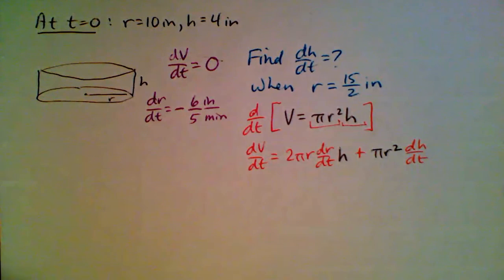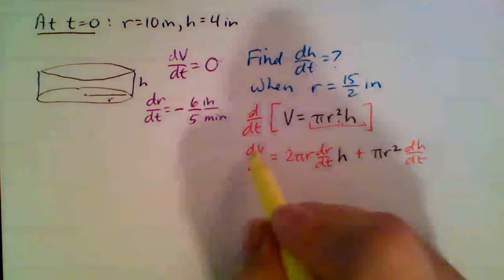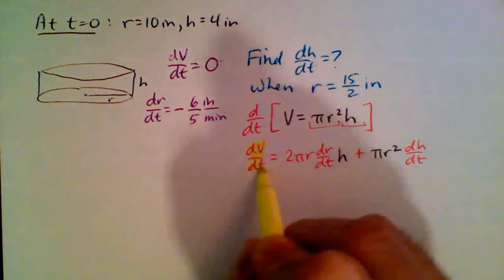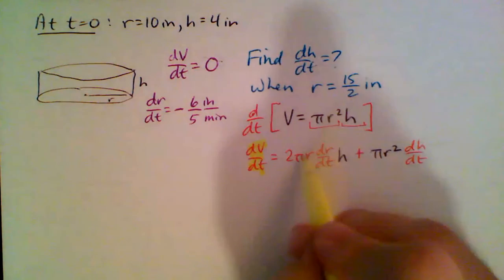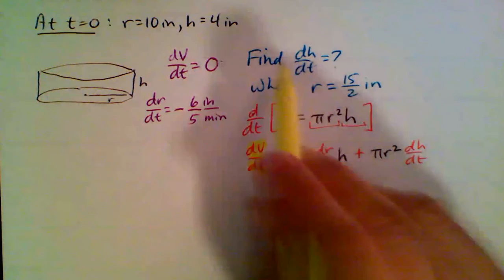And now let's do a quick inventory of what we have and what we need. I'm just going to highlight everything that we have. dV over dt, we've got that. R, we've got that, because this is all happening at the final time.